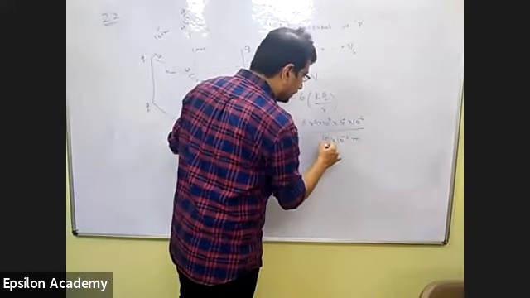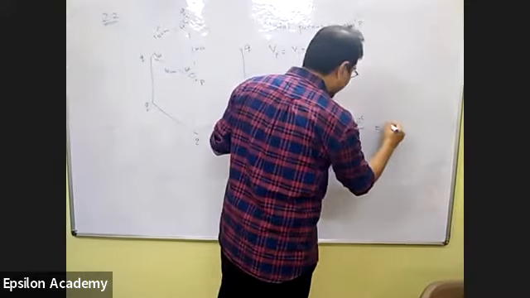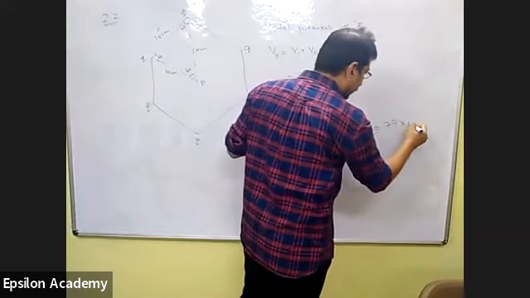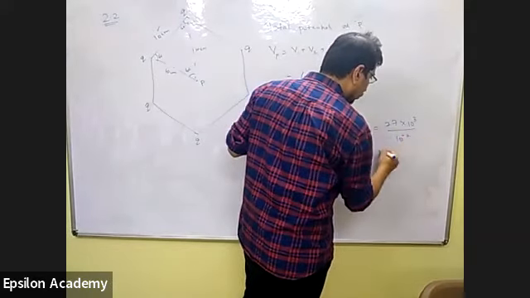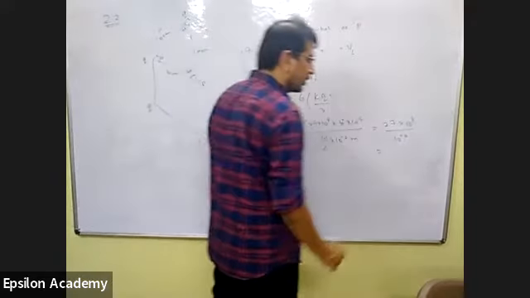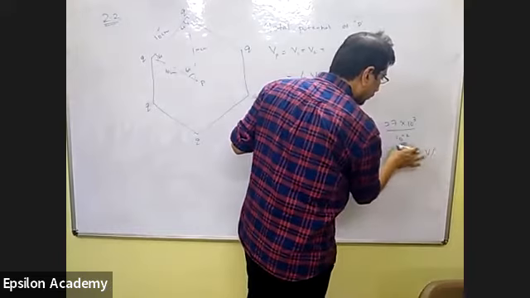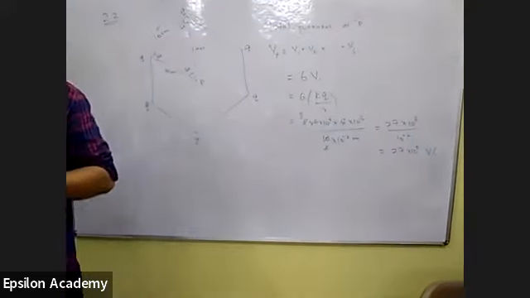This 5 will cancel this 2 times. It cuts 3 times. So 9 into 3 is 27 into 10 power 3 divided by 10 power minus 2. So how much is the answer going to be? Volt. So it is 27 into 10 power 5 volt.